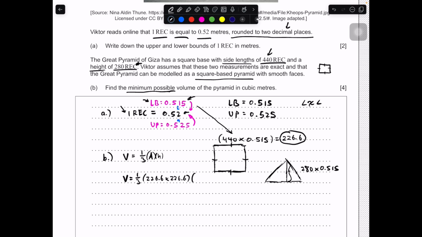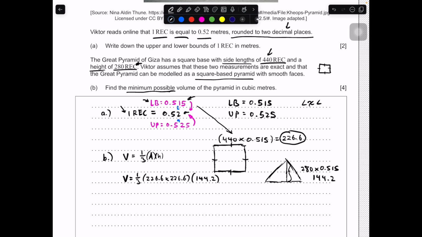Okay, 0.515 times 280 is going to be equal to 144.2. Let's keep all the accuracy as well. Okay, so it wasn't actually too bad, I suppose.